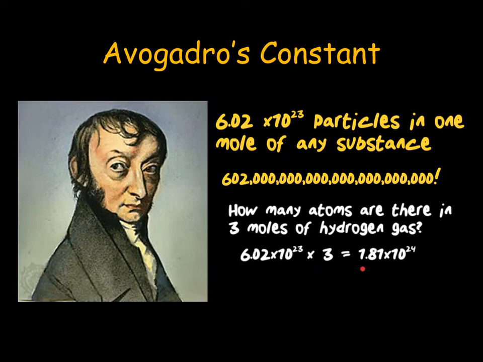This means we have to times this number by 2, giving us a final answer of 3.61 times 10 to the 24 to 2 decimal places. It's important to give your answer in standard form. This is where having a scientific calculator in the exam is essential.